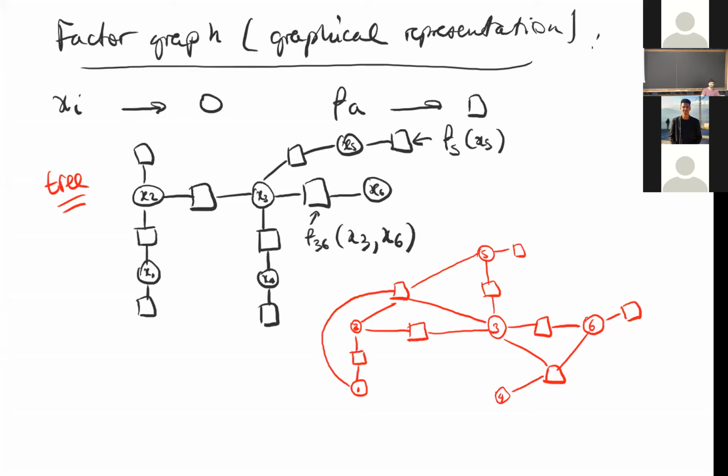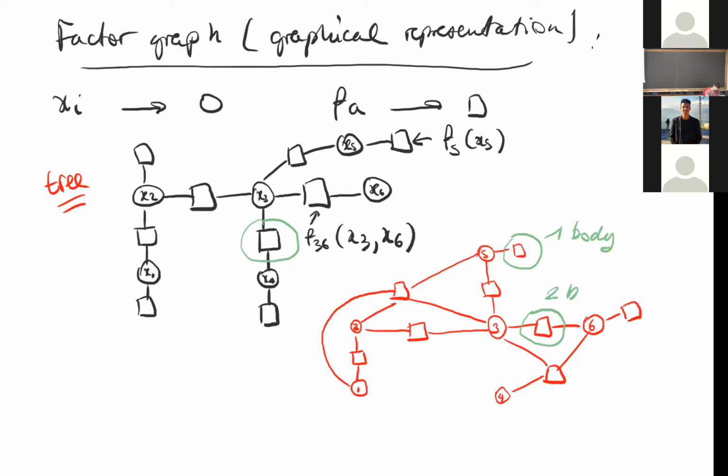Is it clear what I mean when I say 2-body interactions or 3-body interactions? So, for example, this is called a one-body interaction because it depends on a single variable. This is what we call also in physics an external magnetic field, a local field. This or this is one body.